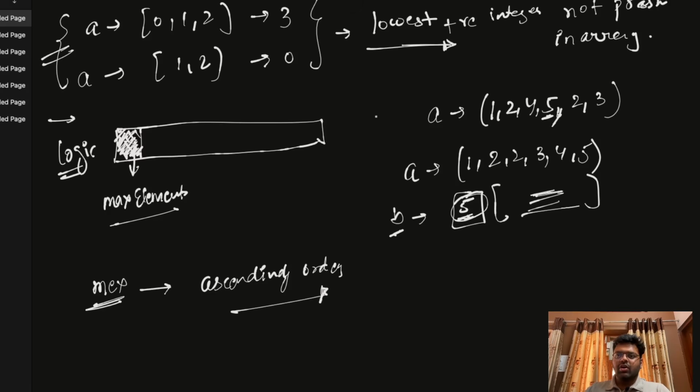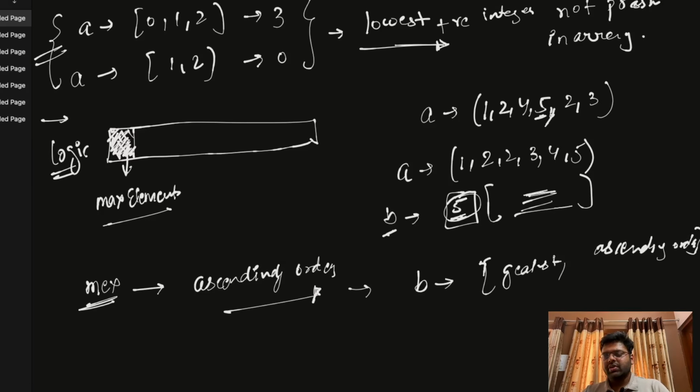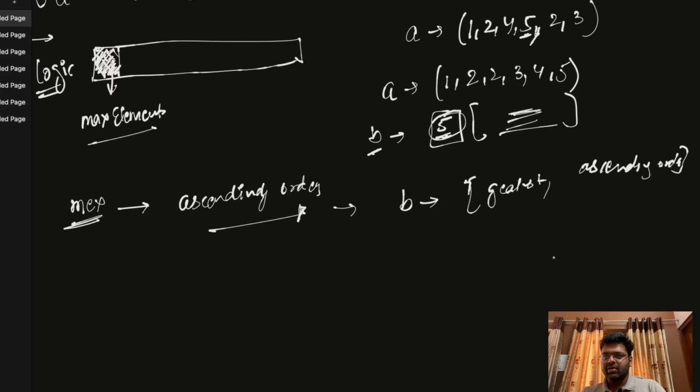So our B array should look like the greatest element first, then ascending order. Okay, so this is how our modified array should look.